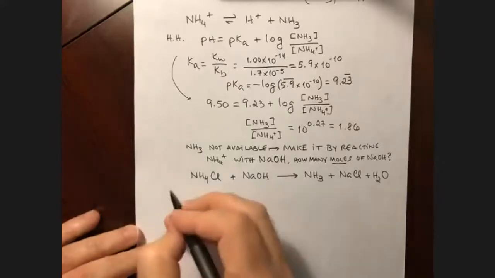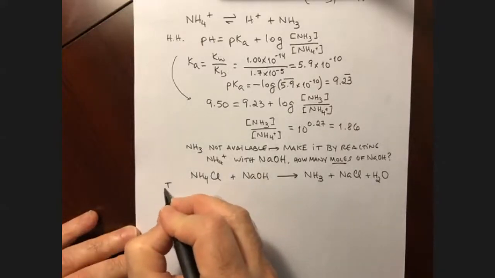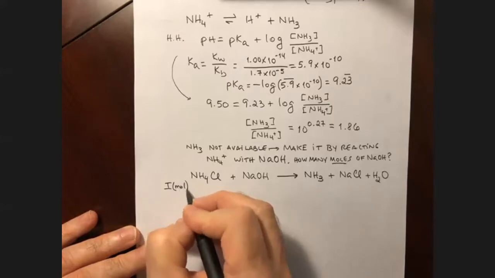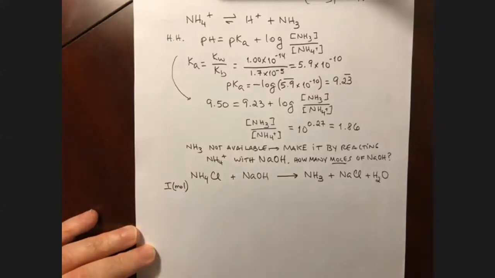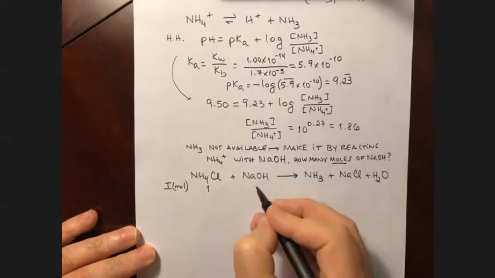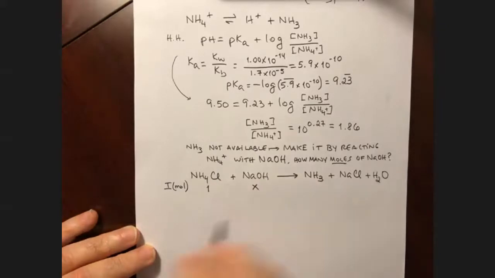So what I'm going to do is I'm going to do my little table, but this is going to be in moles, not in molarities. And the point is, I'm trying to find out for every mole of NH4Cl, how many moles of sodium hydroxide do I need?